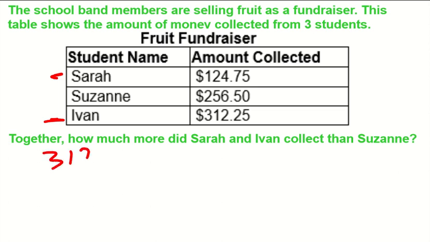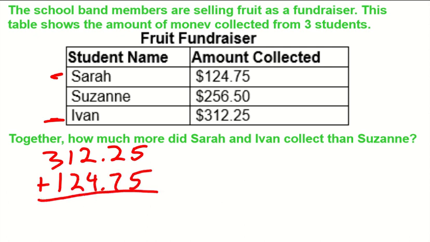So Ivan and Sarah. So we get $437 on them. All right, it's saying how much more. That's going to be a subtraction problem then.